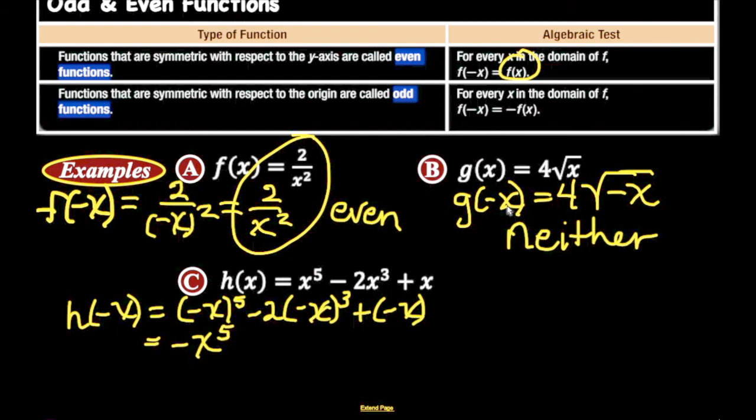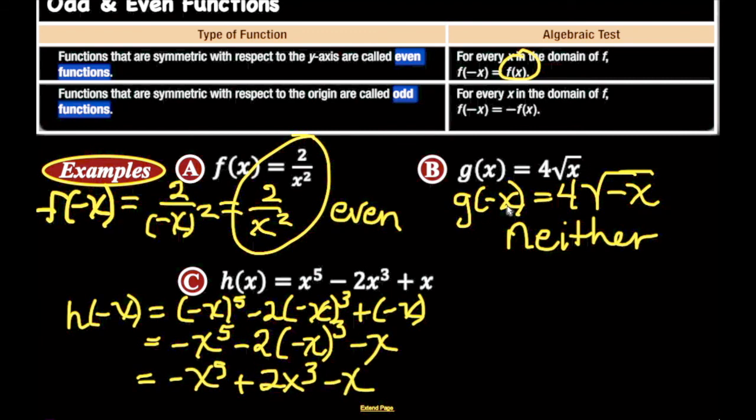So the next term is negative 2 times negative x cubed, and that negative x to the third is negative outside. So we'll end up with negative x to the fifth plus 2x cubed, and then this last one is minus x. So that's what we end up with.